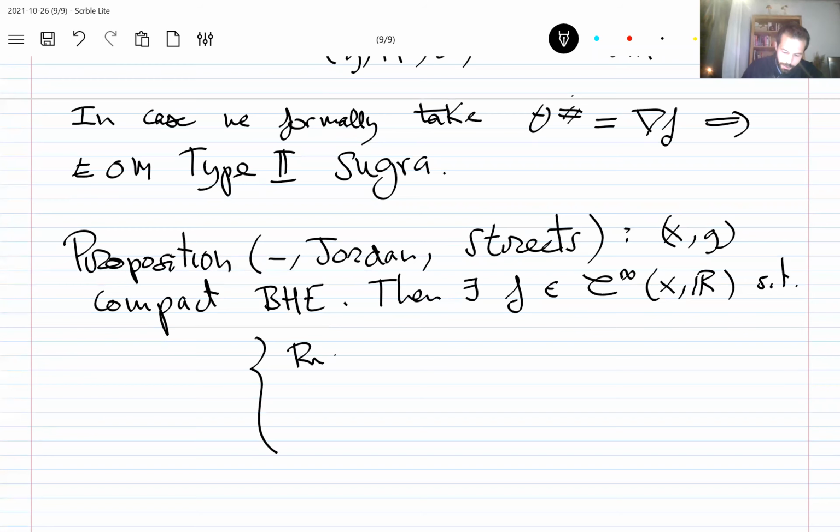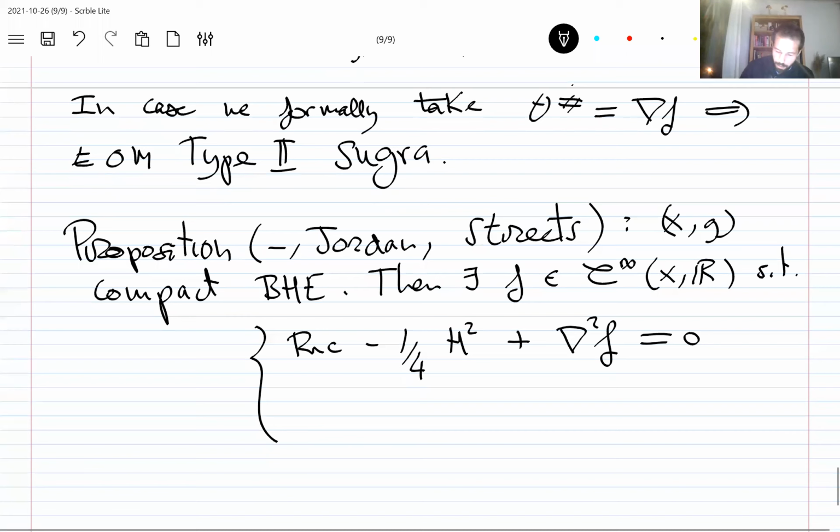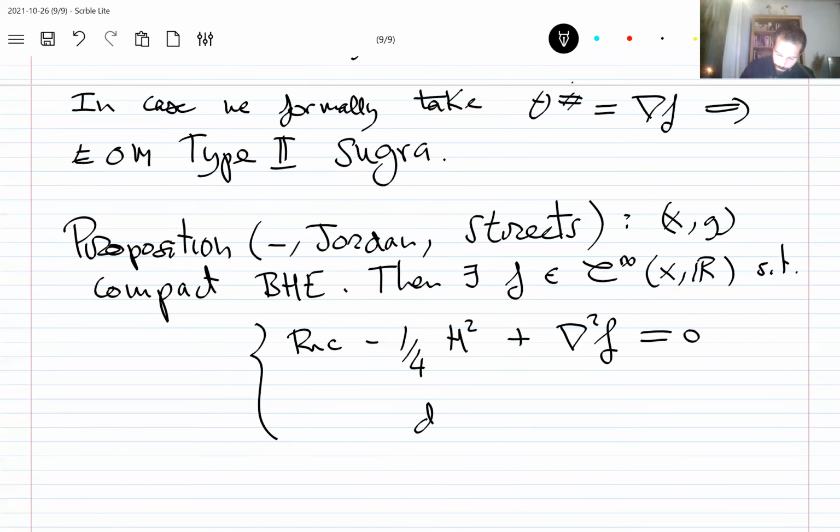Ricci minus a fourth H squared plus nabla squared f equals 0. And then d star H plus the contraction of the gradient of f with H equals 0.